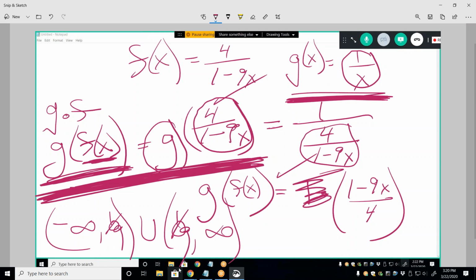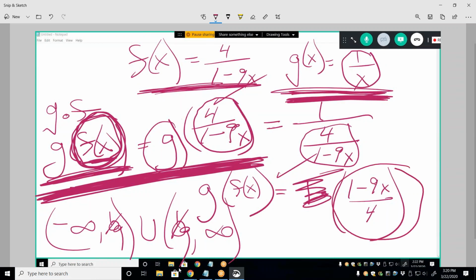So, by my new understanding of this, you don't take the restrictions of both functions. You take the restrictions of that function only. Okay. And the final function has no restrictions, so we're not worried about the g restrictions. But for the restrictions on the f of x function, x cannot be 1/9.